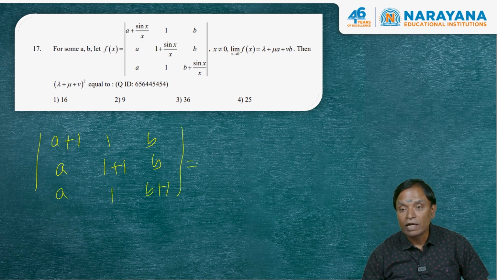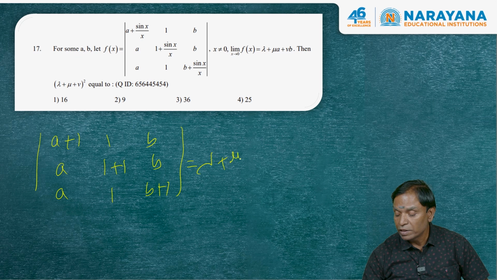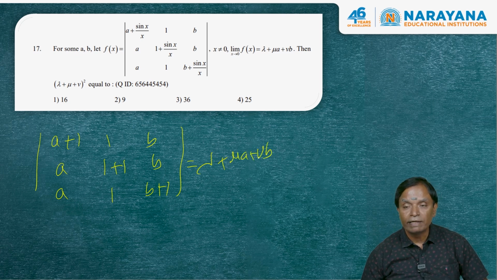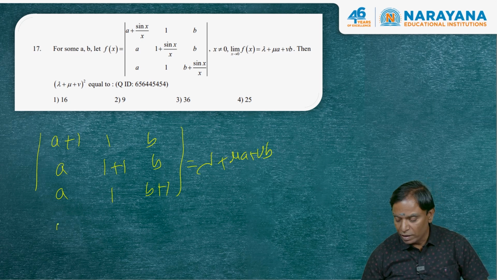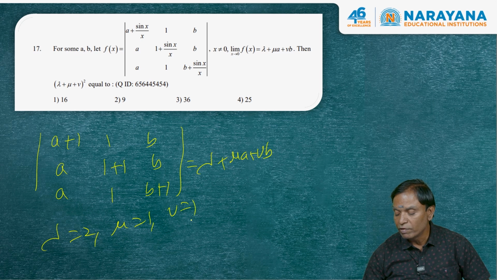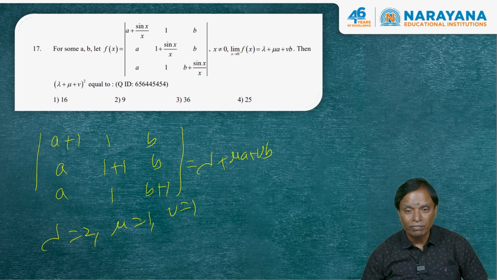This is given as some lambda + mu a + v b. Now you can expand it and compare the coefficients. Directly you can do it. Your values will be lambda is 2, mu will be 1, v will be 1. So you are asked to find the value of (lambda + mu + v) whole square, 4 square, which is 16. Right?